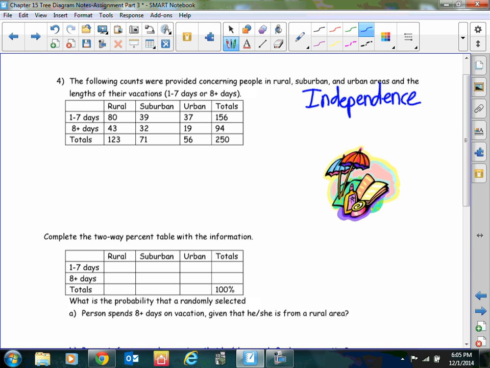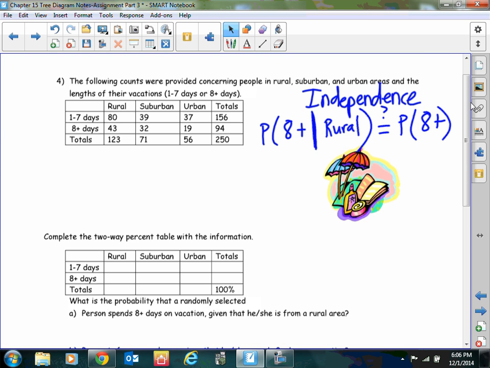The example I did was to see if the probability of you going 8+ days was changed based on you living in the rural environment. So I checked to see if this was true. That was the way I went, but there are many other ways that you could have gone to check for independence.